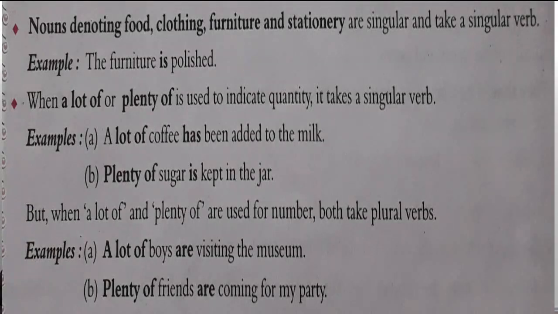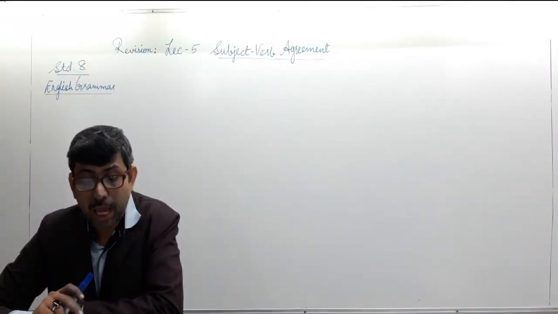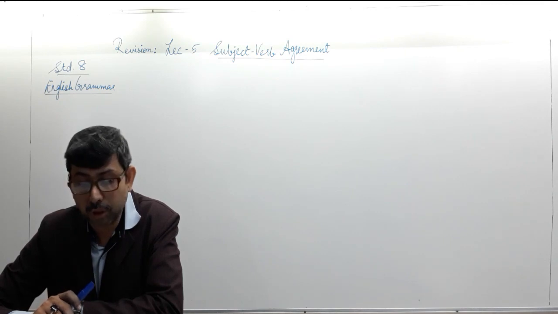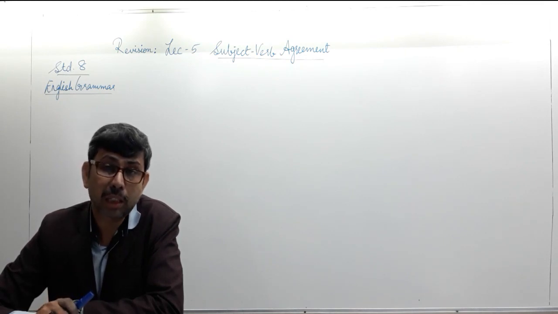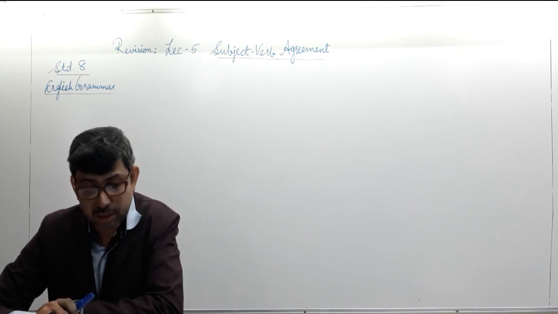The next thing is, when the phrases a lot of or plenty of are used to indicate quantity, they take a singular verb. When we make use of the phrase a lot of or the phrase plenty of in a sentence, then we use a singular verb and not a plural verb in accordance with its subject.